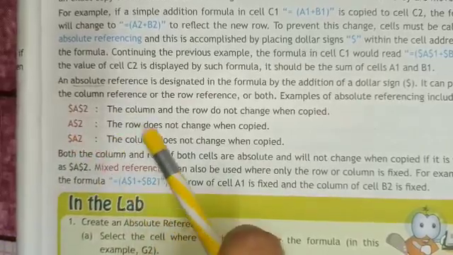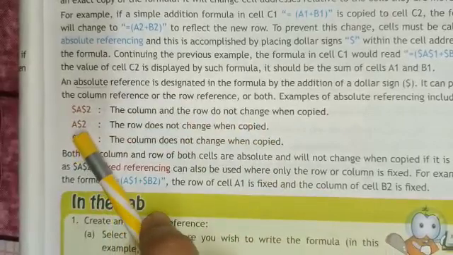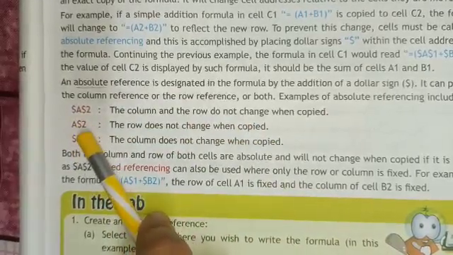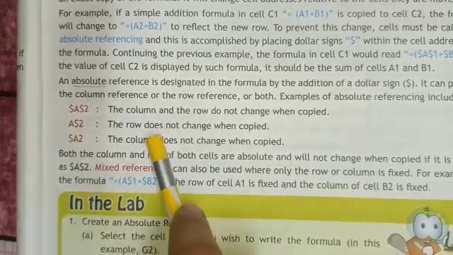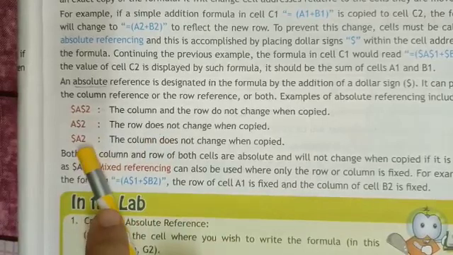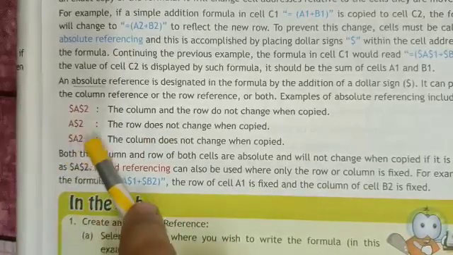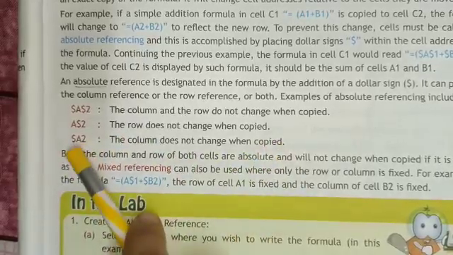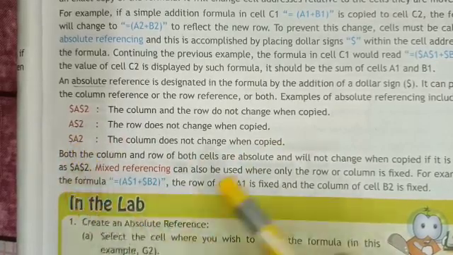A$2. The row does not change when copied. Here, the dollar sign is given before the row reference, so the row does not change when we copy. Next one, $A2. The column does not change when copied. Here, the dollar sign is given before the column reference, so the column will not get changed when we copy.